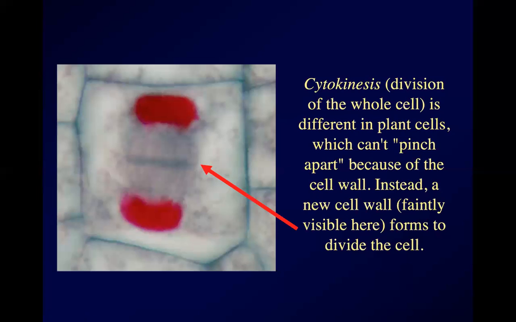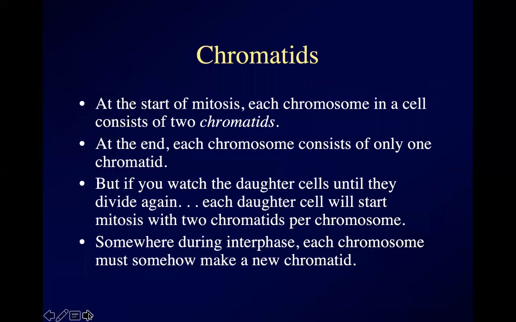Okay, that's kind of a lot, but I've got just a couple more to hit. When mitosis starts, every chromosome consists of two chromatids. At the end, each chromosome breaks apart, and each chromosome in telophase consists of only one chromatid because those two chromatids separated at anaphase.